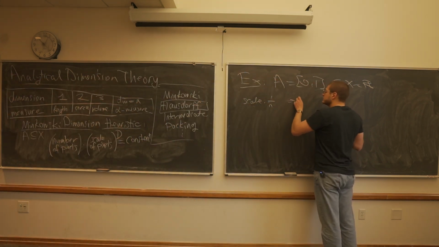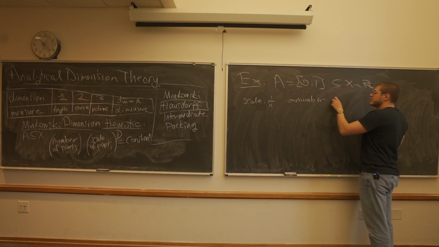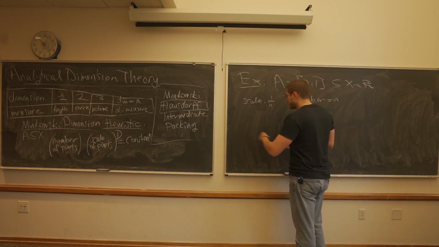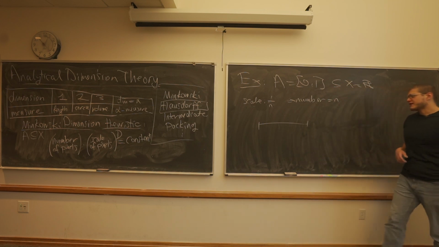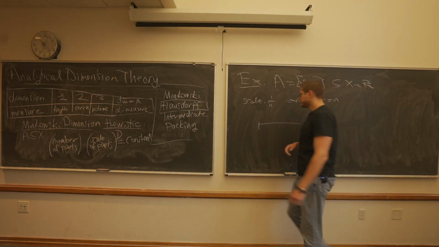So the number, let's say, is n. One specific thing would be something like this: interpret the scale as diameter.